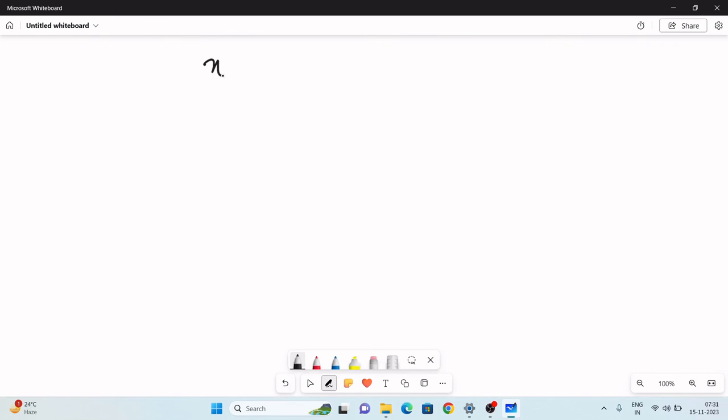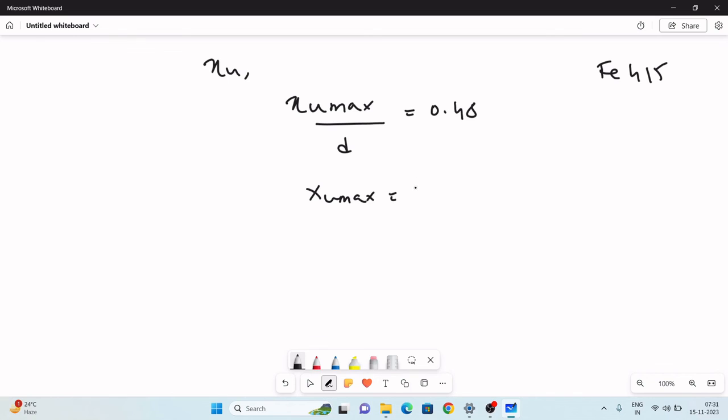After getting the value of XU, we are required to find XU max, and XU max by D depends on grade of steel. The grade of steel that is given in the problem is Fe415. For Fe415, XU max by D is 0.48. So XU max equal to 0.48 into small d, that is effective depth of the beam, given in the problem, 0.48 into 560 mm.